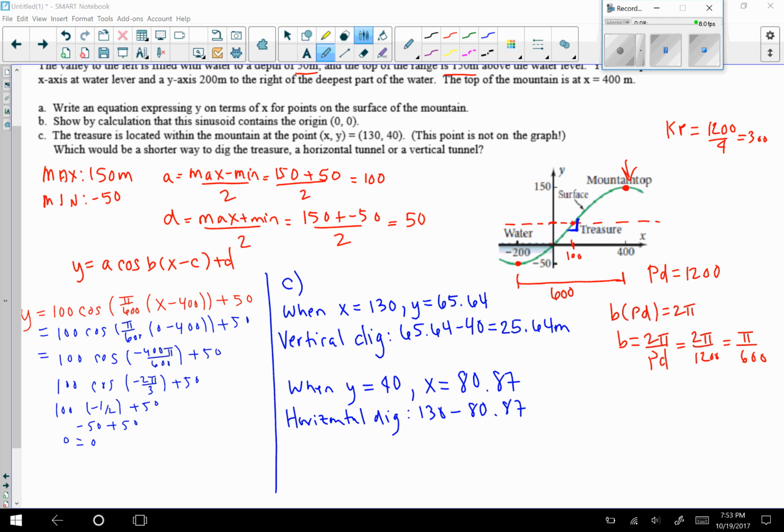And so when we do that, we get a horizontal dig of 49.13. So 49.13 meters would be the horizontal.